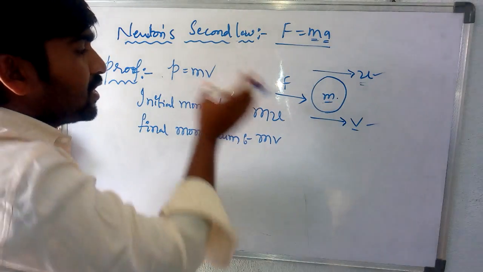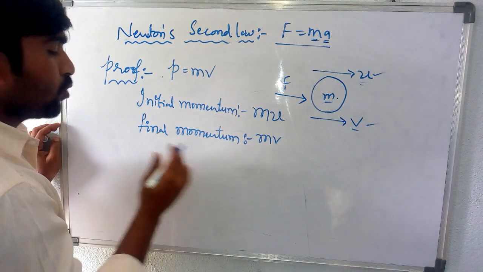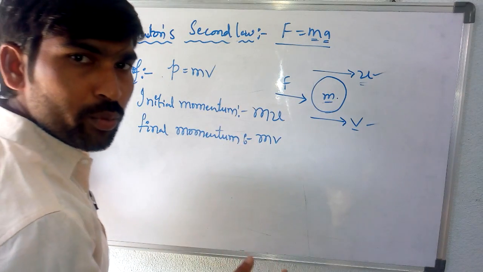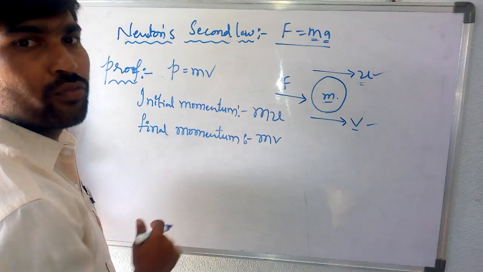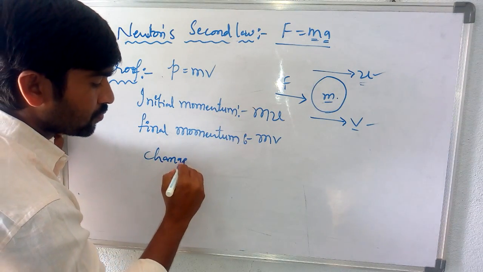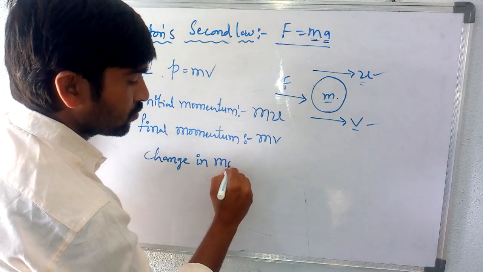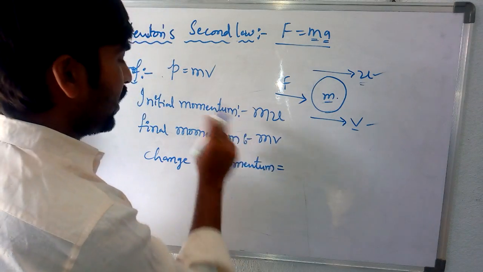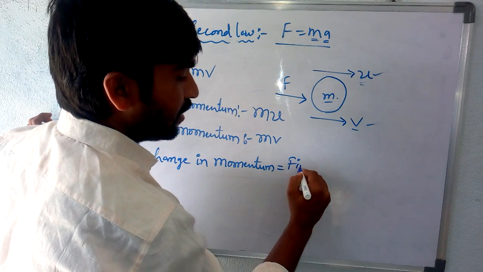So the change in momentum, according to Newton's second law, is equal to the applied force. What is the change in momentum here? Change in momentum is nothing but final momentum minus initial momentum.